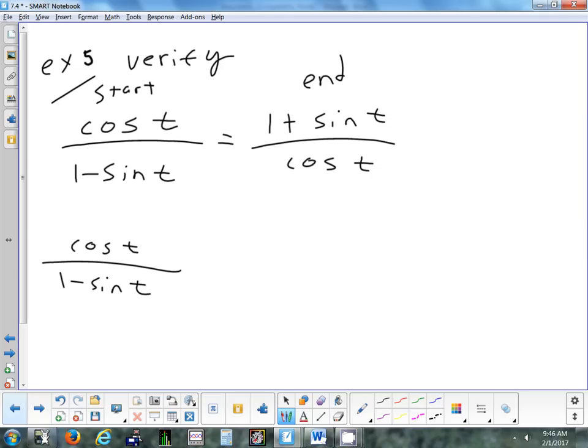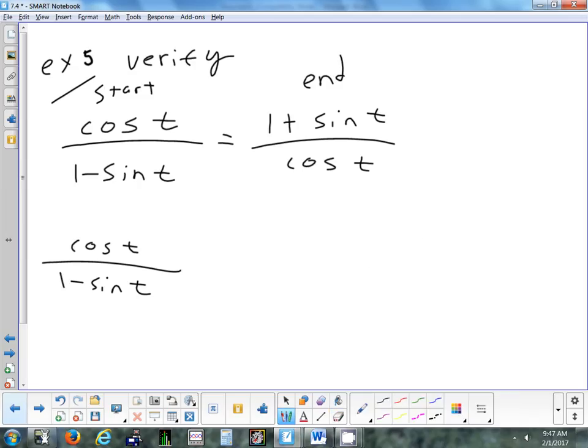Could I change things to sines and cosines? Why not? They're already in sines and cosines. It's not going to work. Common denominator? There already is one. You have one big fraction. You don't have two separate fractions with different things here and here. It's already one fraction.